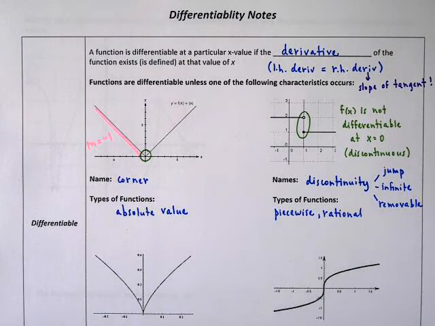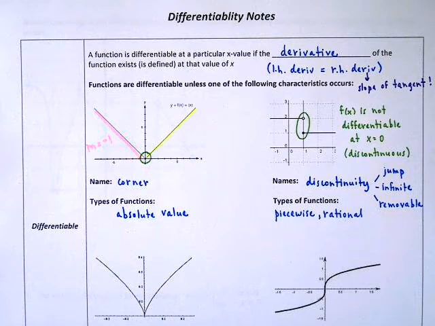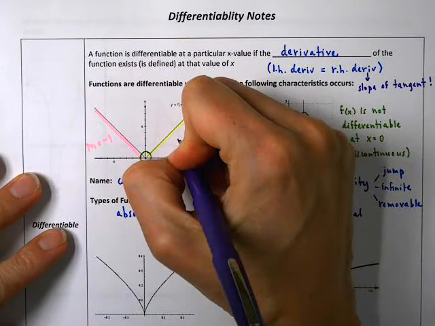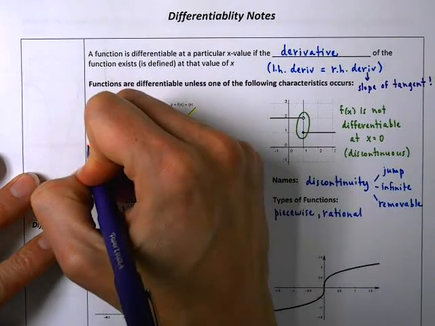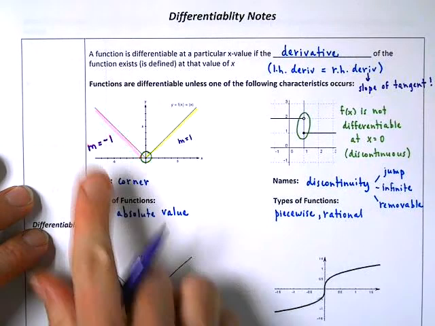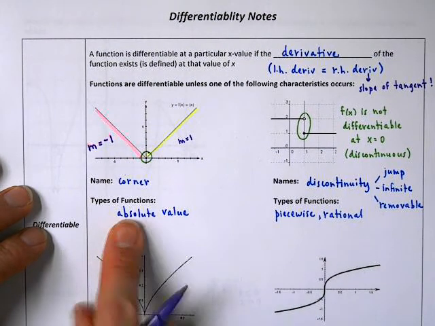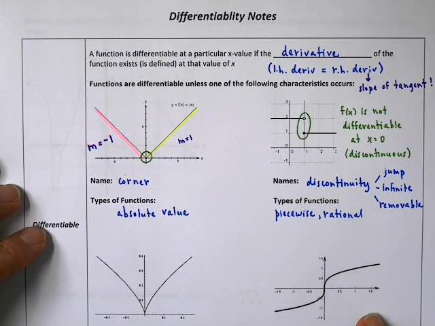Now, on the other side, I'm going to have a positive slope. That's going to be a +1. I'll write over this so you can see it better. Since those two slopes are not the same at this point, that's why we say we're not differentiable, because the derivative isn't going to exist there.